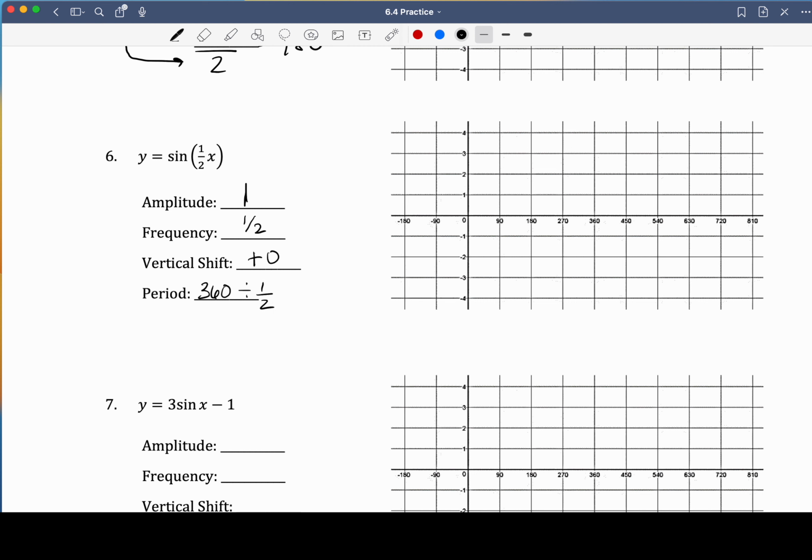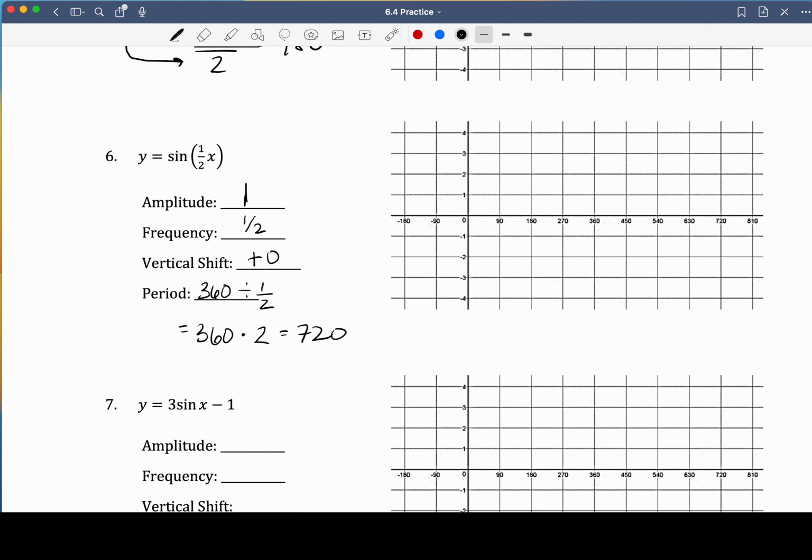Because I know that if I have a number and I divide by a number, I can take the original number, in this case 360, and change that division to multiplication by multiplying by the reciprocal. So we're going to go 360 times 2, because the reciprocal of 1/2 is 2 over 1. And so now my period is 720.